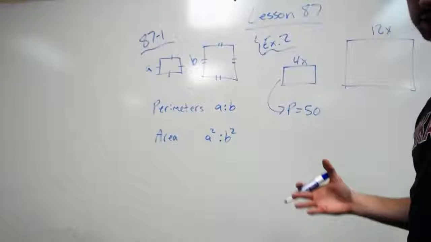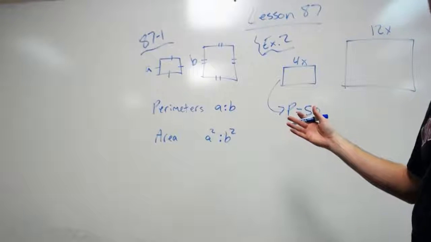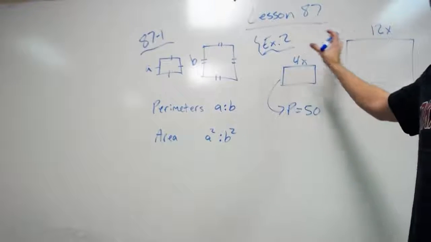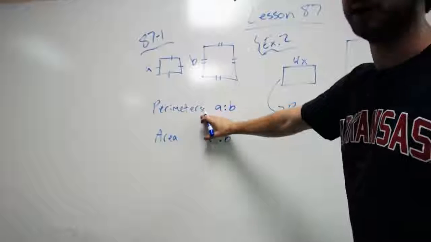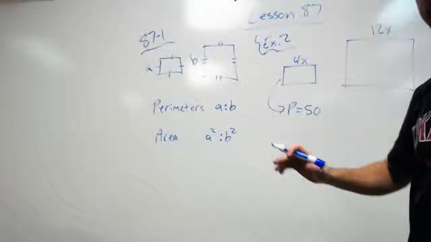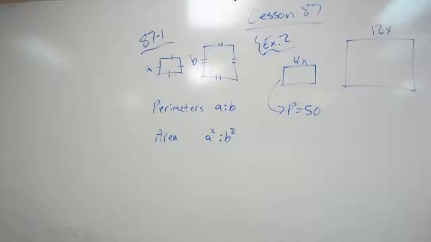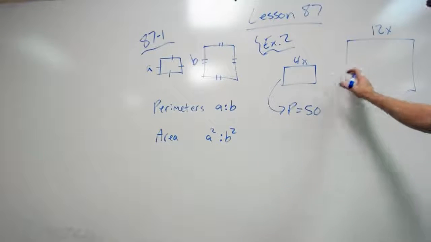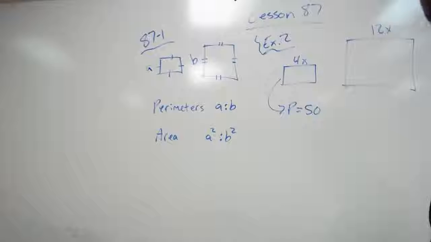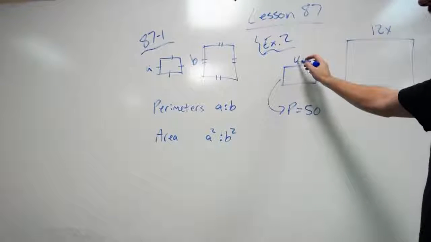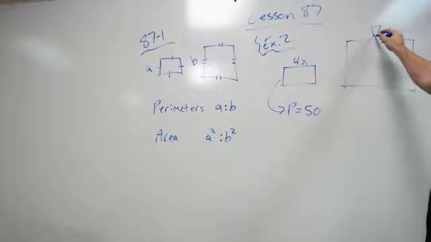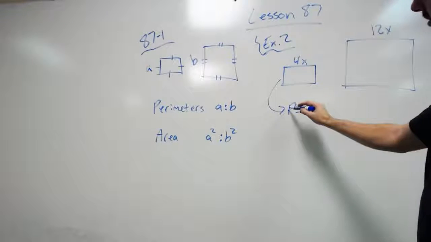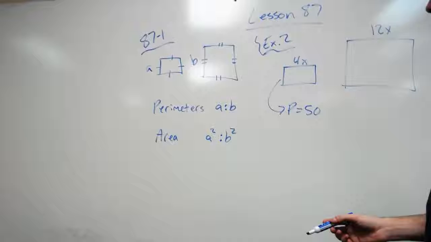Example 2 wants us to find the perimeter of these two figures. Hopefully you can get the big picture here, and then it'll make this make sense. Example 2 gives us two similar rectangles, and it shows the length of one side here is 4x, this side here is 12x, and the perimeter of this one is 50.